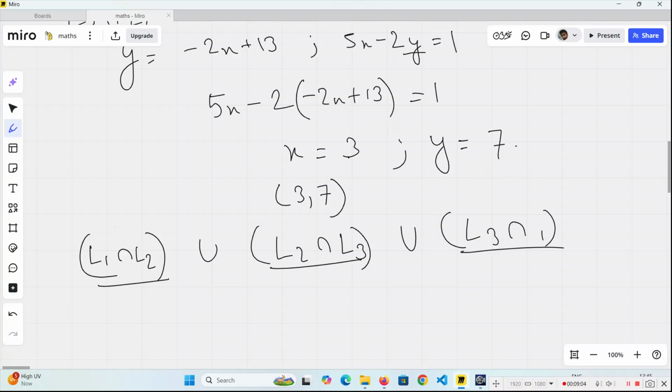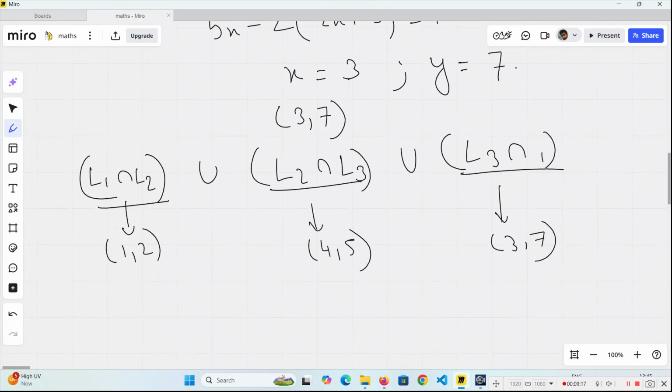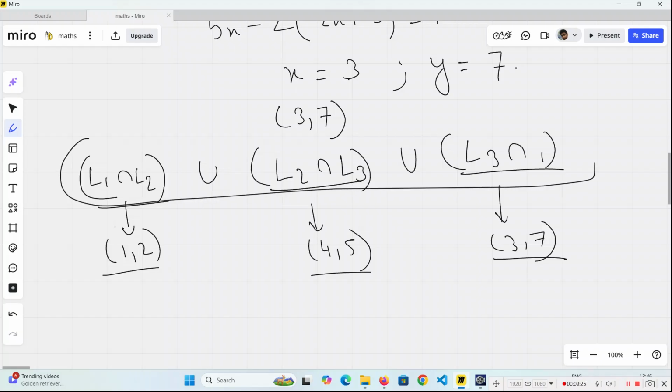For each of these we have got 1 point: (1, 2) for the first, (4, 5) for the second, and (3, 7) for the third. So actually, how many points are there? There are 3 points. This is one different point, this is one different point, this is one different point.